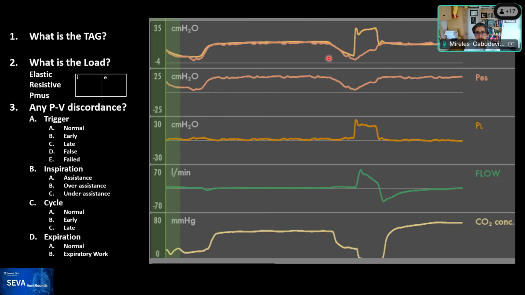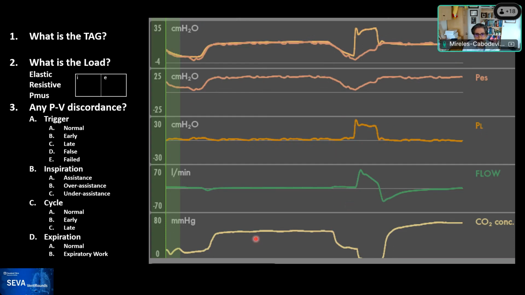Then you have the transpulmonary pressure. In this ventilator they label it as pressure of the lung, but in standardized terminology we use PTP, the transpulmonary pressure, which is the airway pressure minus the pleural pressure, or in this case the surrogate is the esophageal pressure, so this one minus this one.